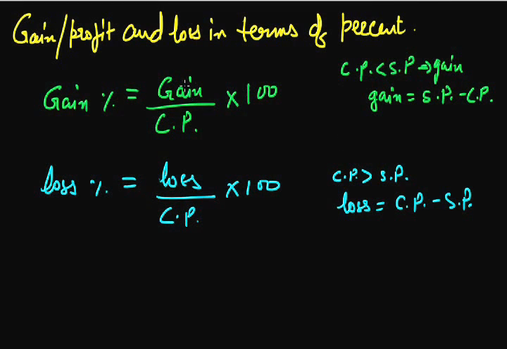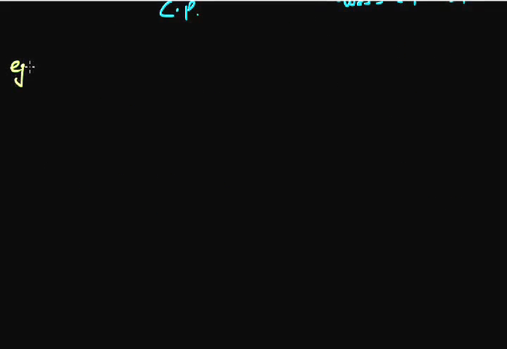Gain is equal to selling price minus cost price, and gain percent is equal to gain upon cost price into 100. Similarly, loss is equal to cost price minus selling price, and loss percent is equal to loss upon cost price into 100. Now let us understand the difference between these two with the help of an example.